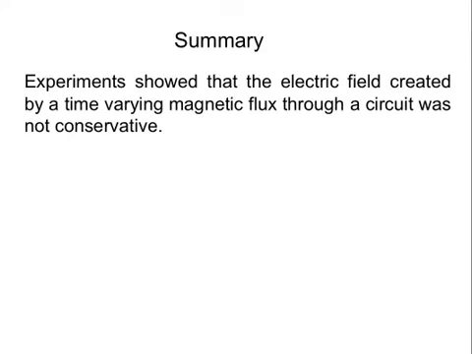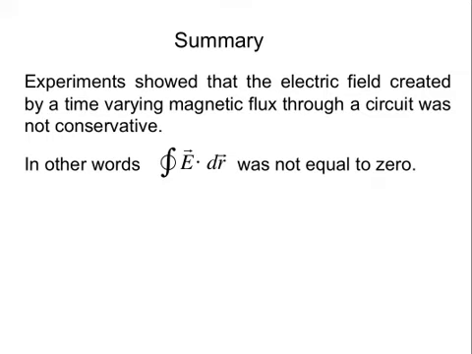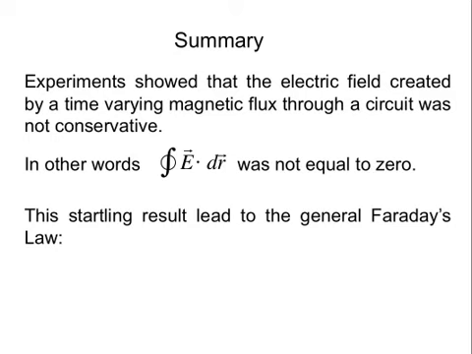Summary. Experiments showed that the electric field created by a time-varying magnetic flux through a circuit was not conservative. In other words, the integral of E dot dr was not equal to 0. This startling result led to the general Faraday's law. The integral of E dot dr around a closed path is equal to the negative of the time derivative of the magnetic flux through the circuit.